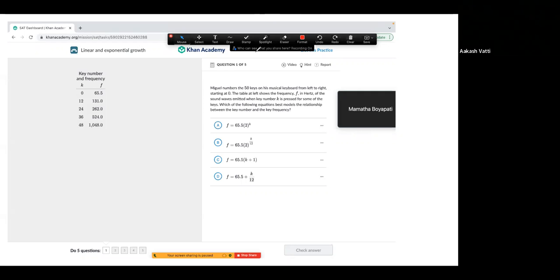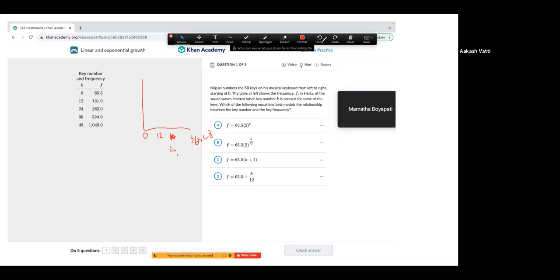So the linear equations have graphs that are straight lines, and the data points don't form straight lines, because if you were to sketch 0, 12, 24, 36, 48, I can't draw.